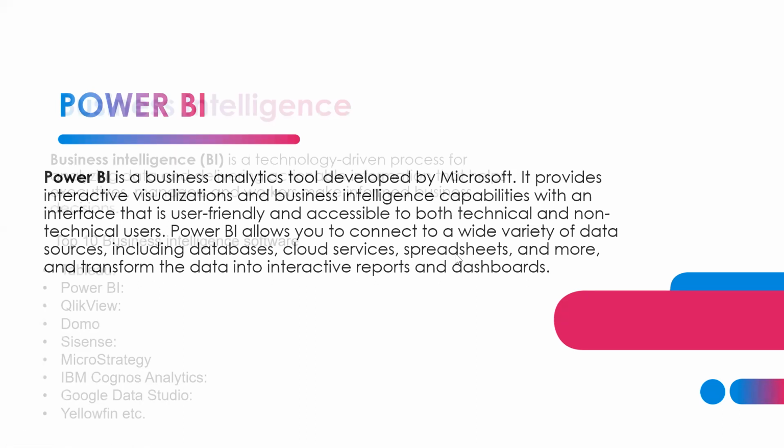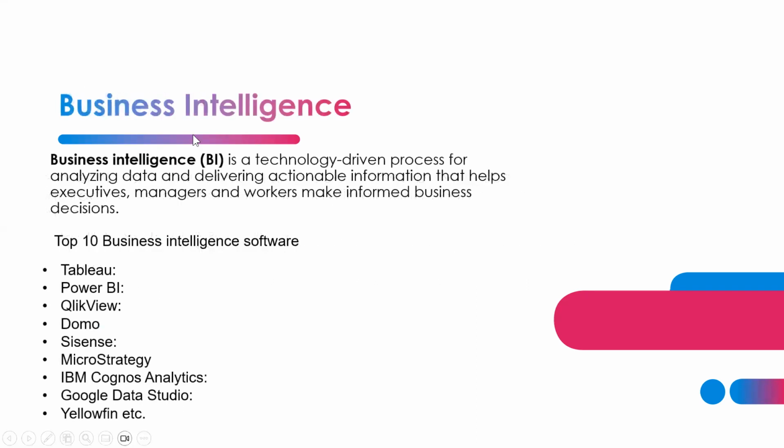Now, business intelligence. If you remember, I said Power BI stands for Power Business Intelligence, and there are a lot of business intelligence tools that we use. So what exactly is business intelligence? Business intelligence is a technology-driven process for analyzing data and delivering actionable information that helps executives, managers, and workers make informed business decisions.